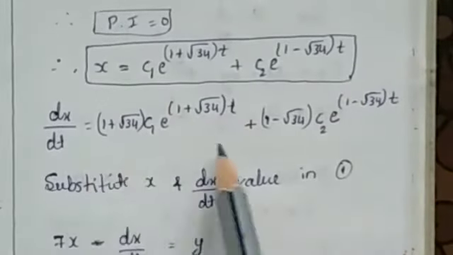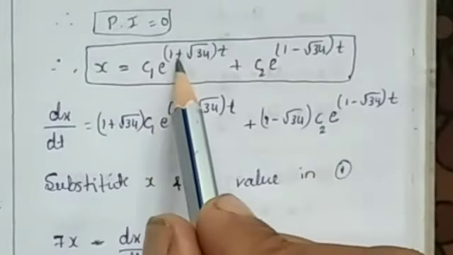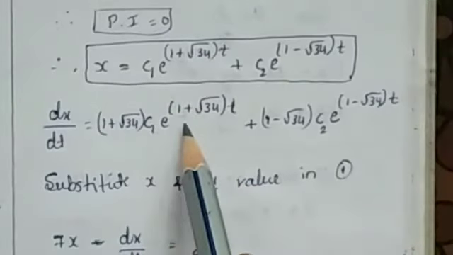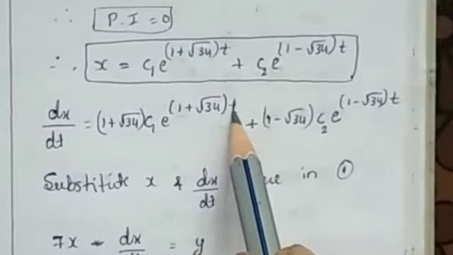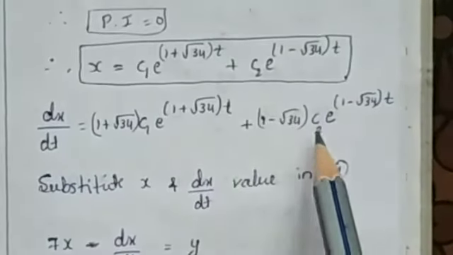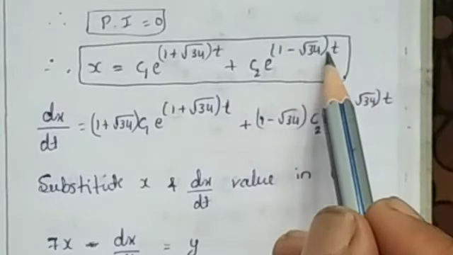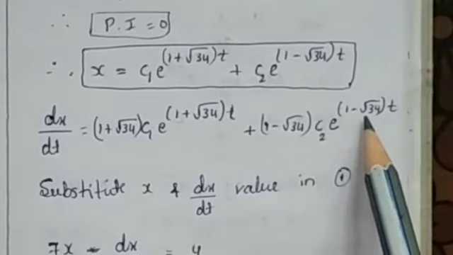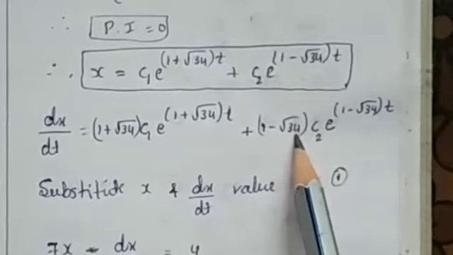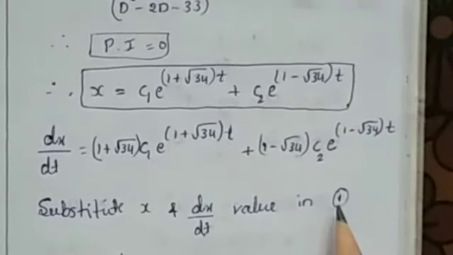You differentiate this, you get dx by dt equal to c1 into e power 1 plus square root of 34 into t, then by the chain rule, 1 plus square root of 34, plus c2 into e power 1 minus square root of 34 into t, then by the chain rule, 1 minus square root of 34. Then substitute the x and dx by dt values in equation 1.